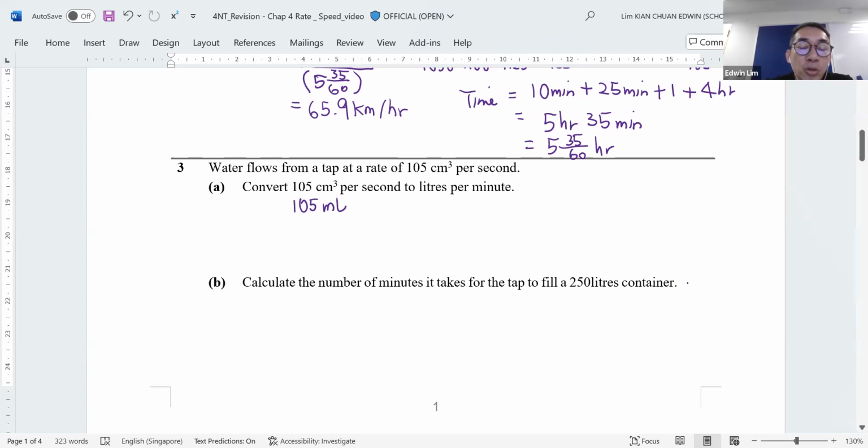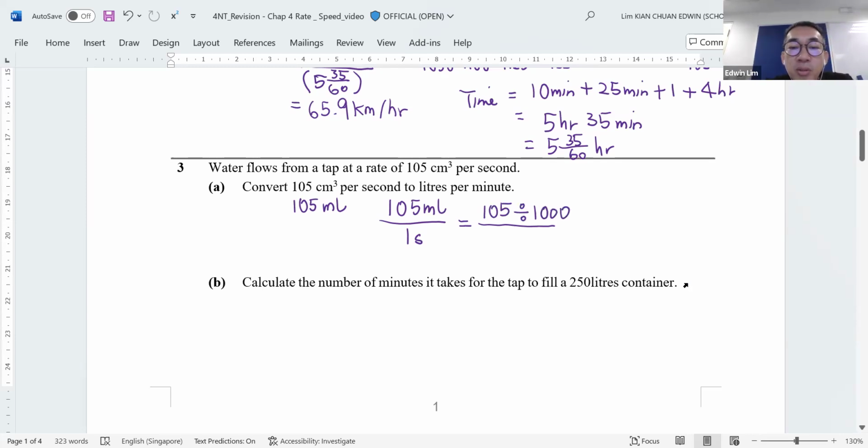So now I'm going to do the conversion to liters per minute. I will write 105 ml per second as a fraction first: 105 ml over 1 second. How do I convert to liters? I will write 105 divided by 1000.